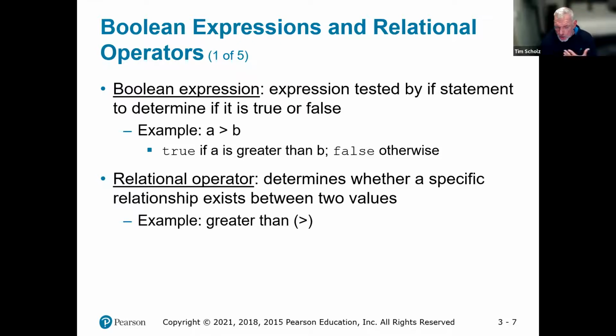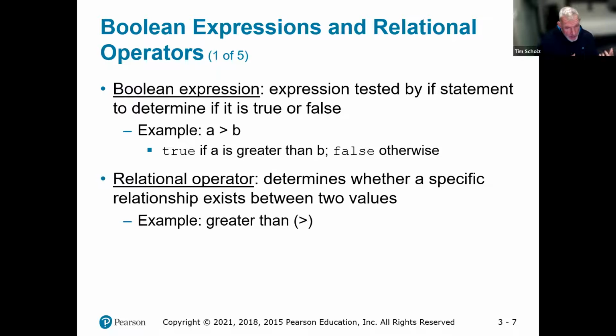So for example, A is greater than B. That's a Boolean expression. That statement will return true if A is a value that's greater than B. So if A is 4 and B is 2, it's going to return true. If B is 4 and A is 2, then it's going to return false.